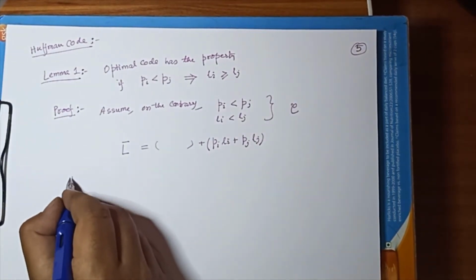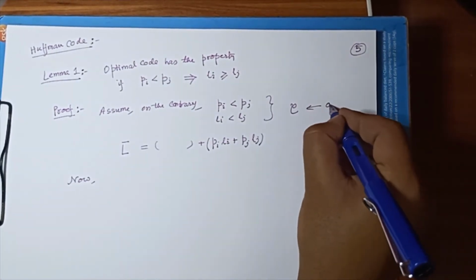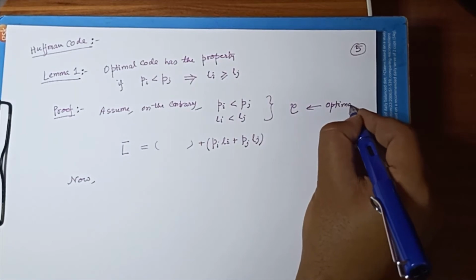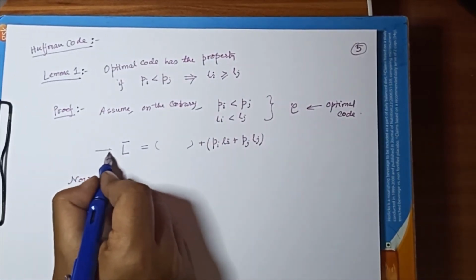Now assume this is the optimal code, having the minimal length.